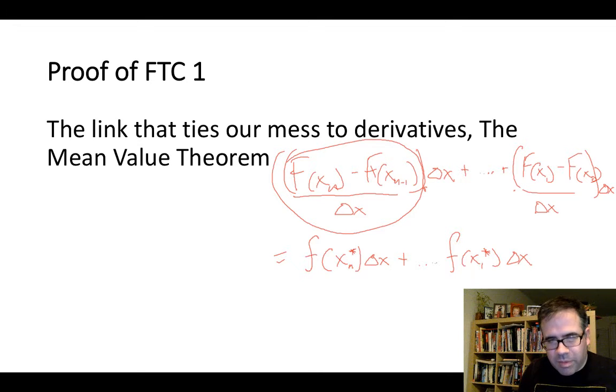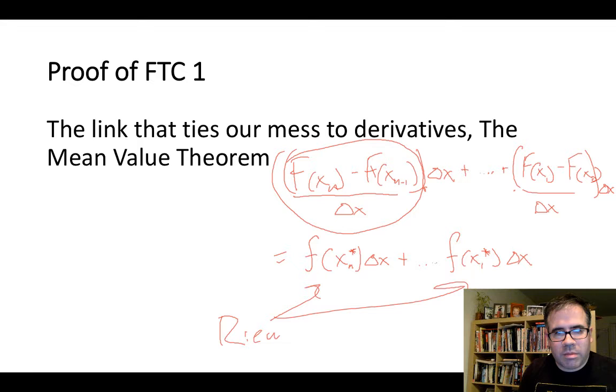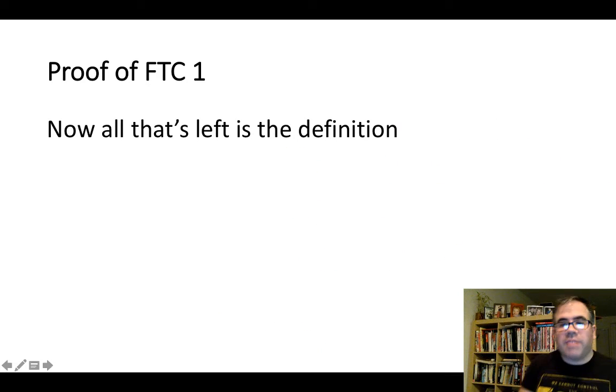But wait a minute. This is a Riemann sum. The idea of taking this, multiplying it by delta x, taking these values, multiplying by delta x, that's the definition.